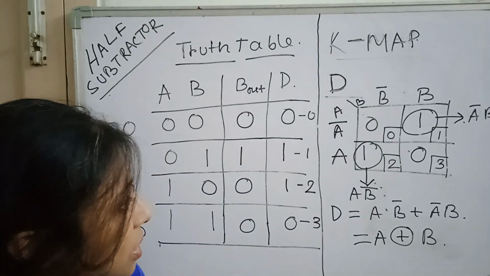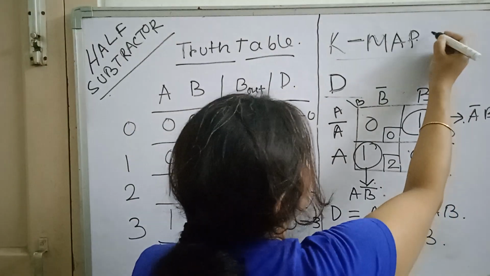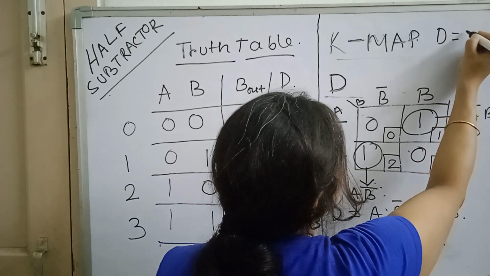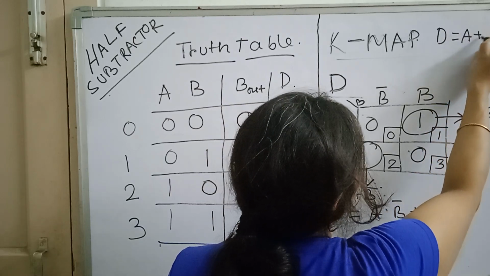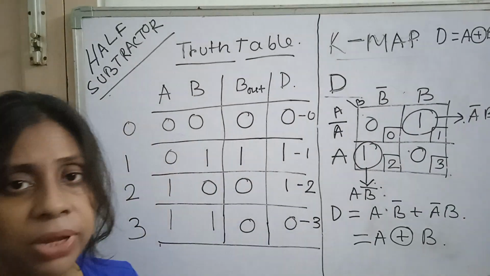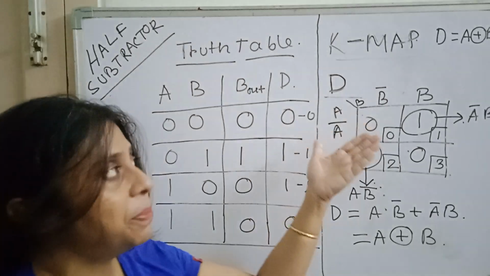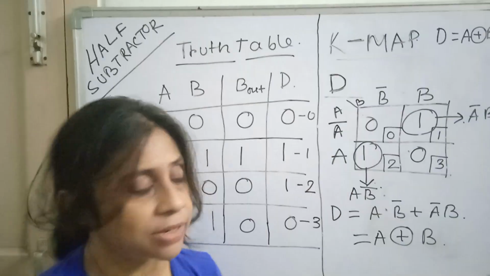Now we need to put the output expression for B out, or the borrow output line. So let us do that. Let us put this expression here: D equal to A XOR B. We are writing this because we will need this expression while building the logic circuit.